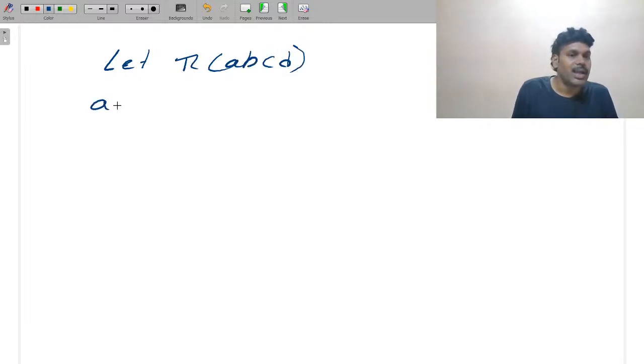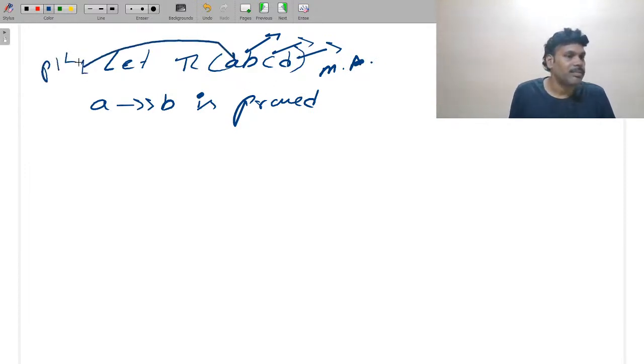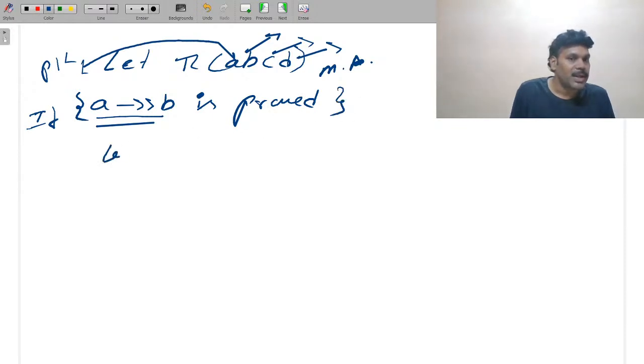I say A implies B is proved. And I said that these three are multi-value attributes, and this is your primary key. Now you see, if A implies B is proved, then using the complementation rule.